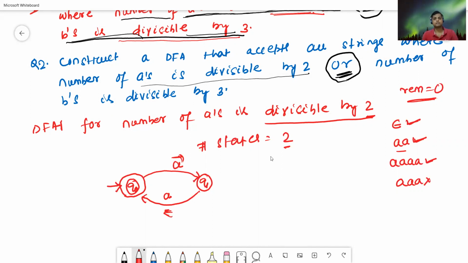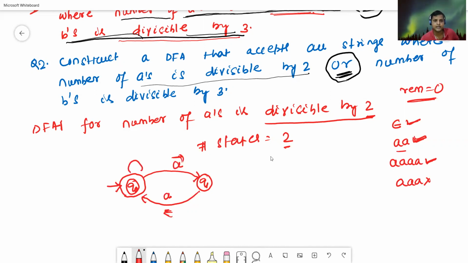All such numbers of A's that are divisible by 2 are accepted. If it is 2A, it is accepted by the given DFA. If it is 4 A's, this string is also accepted by the given DFA. So according to the DFA rule, now we will adjust the remaining transitions.